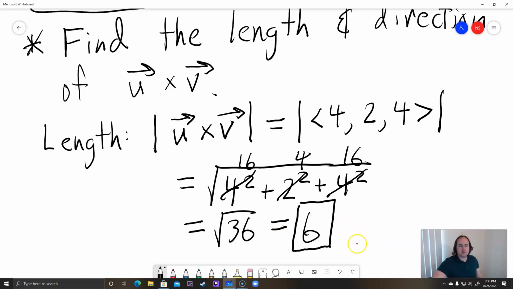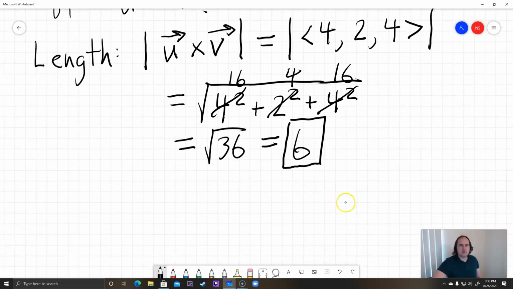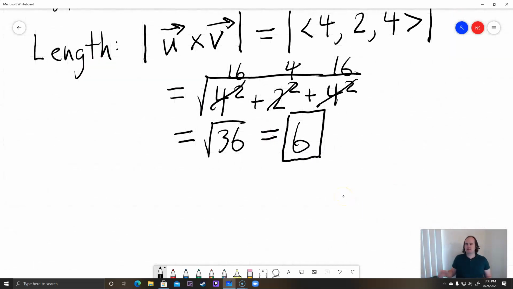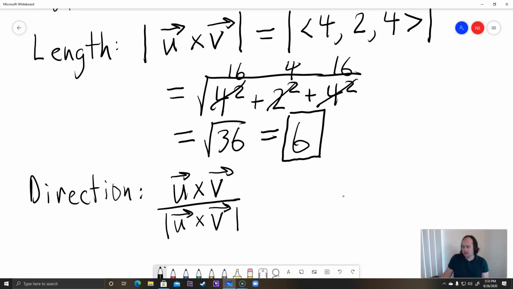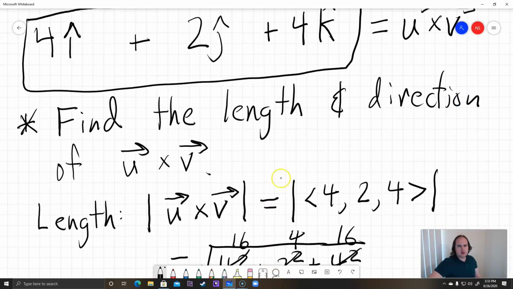Okay, and then how do we find the direction? Remember that the direction is the same as the vector divided by its length. So direction is going to be the same as the vector u cross v divided by its length. So it's going to be u cross v divided by the length of u cross v, which looks kind of complicated when you write it out like this, but we already calculated what u cross v is.